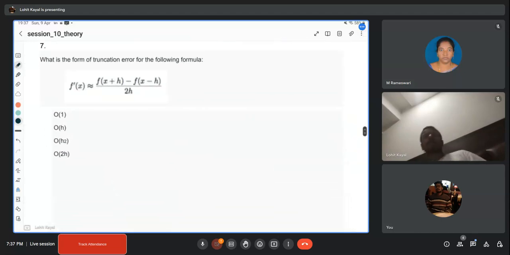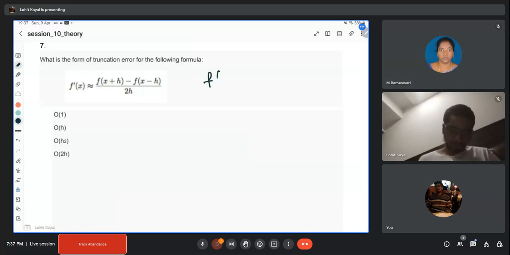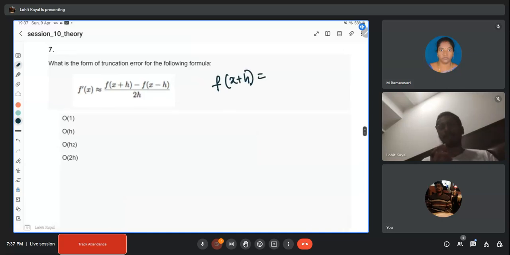Now here you need to calculate the truncation error in this formula. So how to find it? Suppose we assume that h is a small term. Then I can use the Taylor series approximation around the point x.